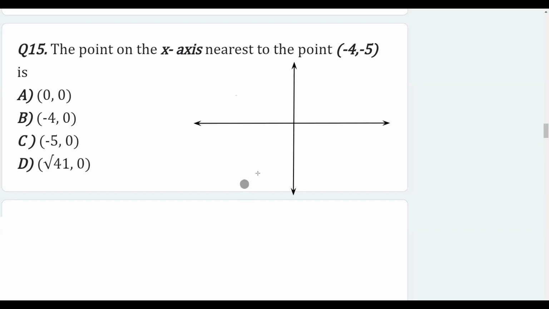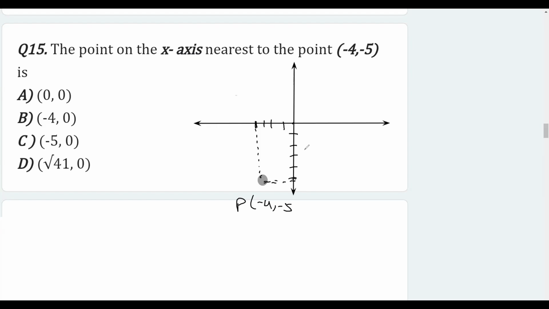It must be somewhere here. Say I took this point as P over here, and its coordinate is -4, -5. So from here it's going to be -1, -2, -3, -4, and on this side, -1, -2, -3, -4, -5.